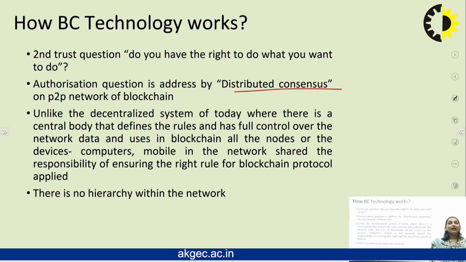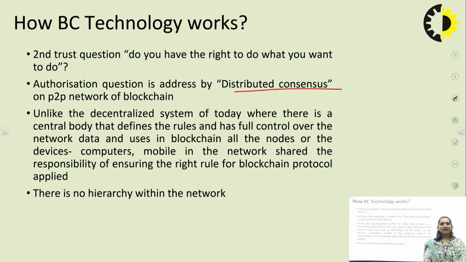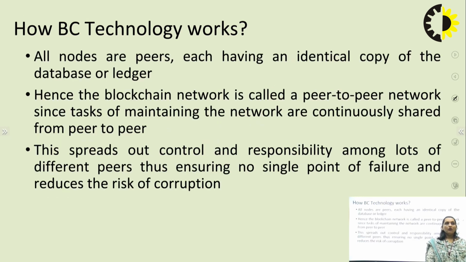We do not have a centralized copy; every local copy is handled by the person only. That consistency is maintained by the blockchain. There is no hierarchy in the network. All persons have identical local copies, maintained peer to peer, and a feature of the technology is that it is immutable.